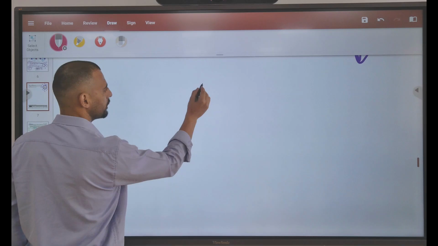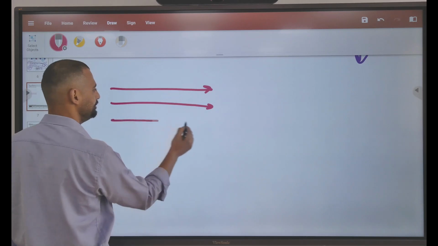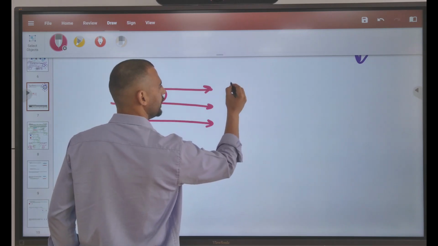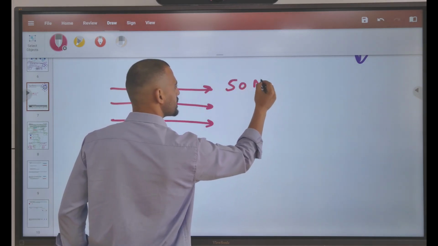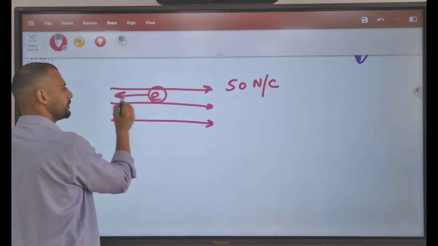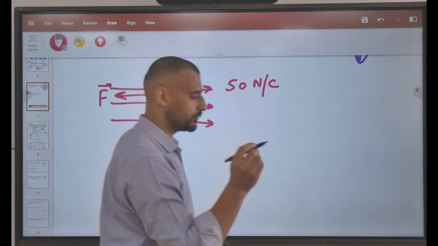So there is an electric field. There is an electron inside. The value is 50 newtons per coulomb. Electron will experience a force like this. So you are asked to find various things.